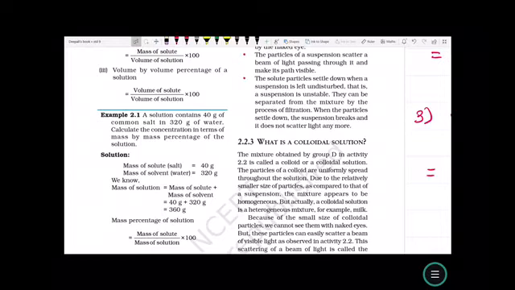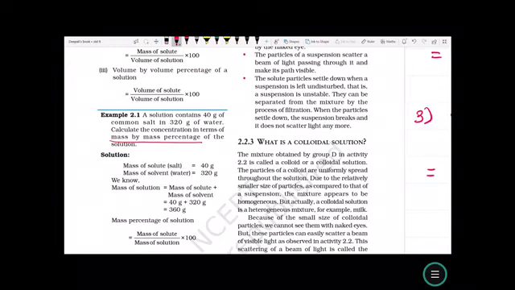So when the question comes to you, we take an example here. A solution contains 40 grams of common salt in 320 grams of water. Calculate the concentration in terms of mass by mass percentage. Now we can understand what is our solute? Common salt. What is our solvent? Water. What is the mass of solute? 40 grams.